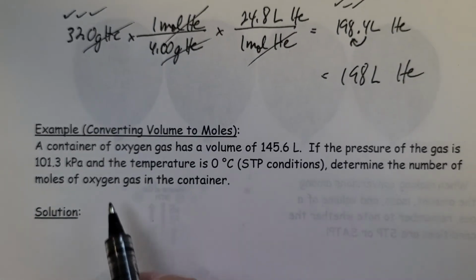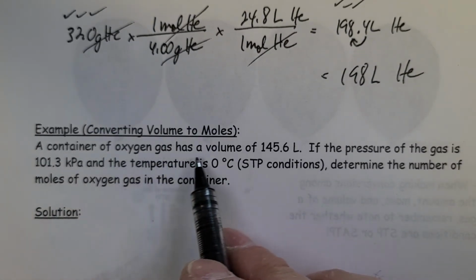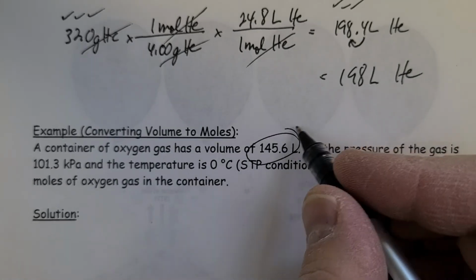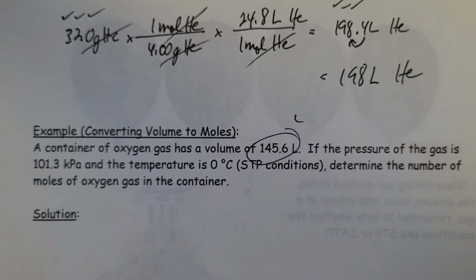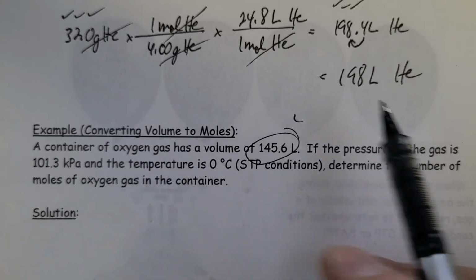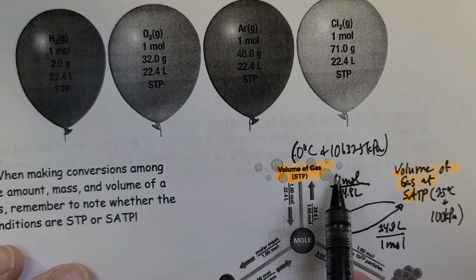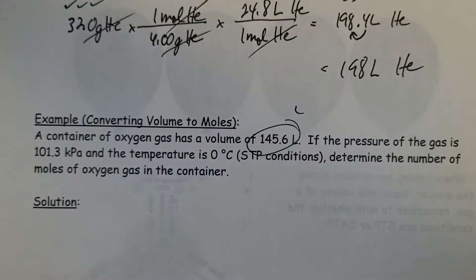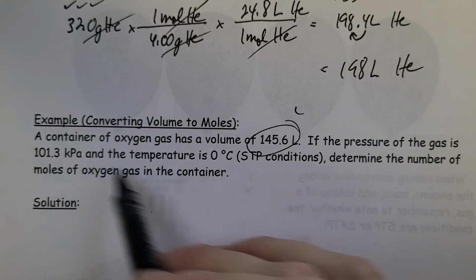What about vice versa? A container of oxygen gas has a volume of 145.6 liters. The pressure of the gas is 101.325 kilopascals and the temperature is 0 degrees C. So 101.3 and 0, we're talking about STP conditions. That's an example in which I give you the conditions.